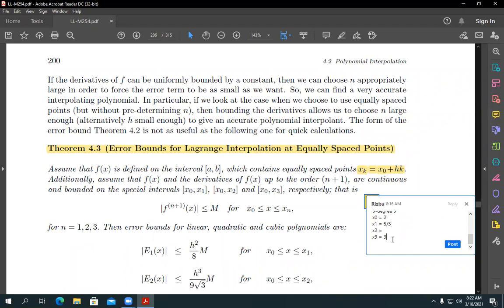Let me do it here. 2 plus 1 by 3 is 7 by 3.